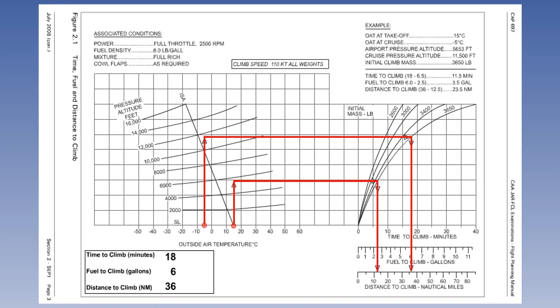Then go down vertically to read the time, fuel and distance as in the last example. The answers this time are 6.5 minutes, 2.5 gallons and 12.5 nautical air miles. By subtracting these figures from the figures we found earlier, we can calculate the time, fuel and distance to climb from an airfield at 5,653 feet to an en route altitude of 11,500 feet.